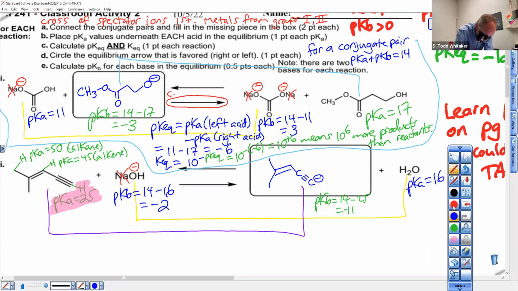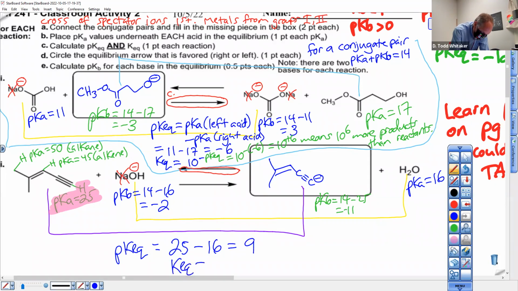All right, why am I circling this arrow this time? Well, the numbers are going to prove it. Calculate pKeq for me. Use the words up here. pKa of the left acid minus pKa of the right acid. 25 minus 16 is what? 9.